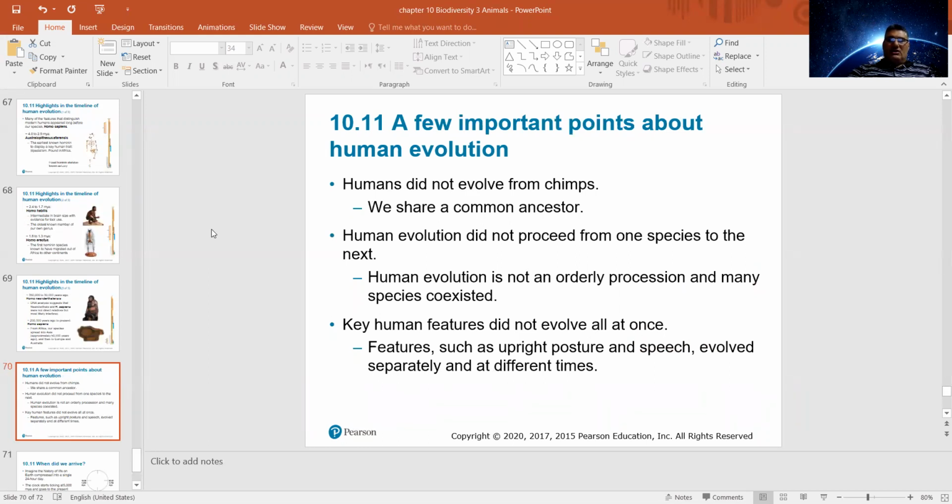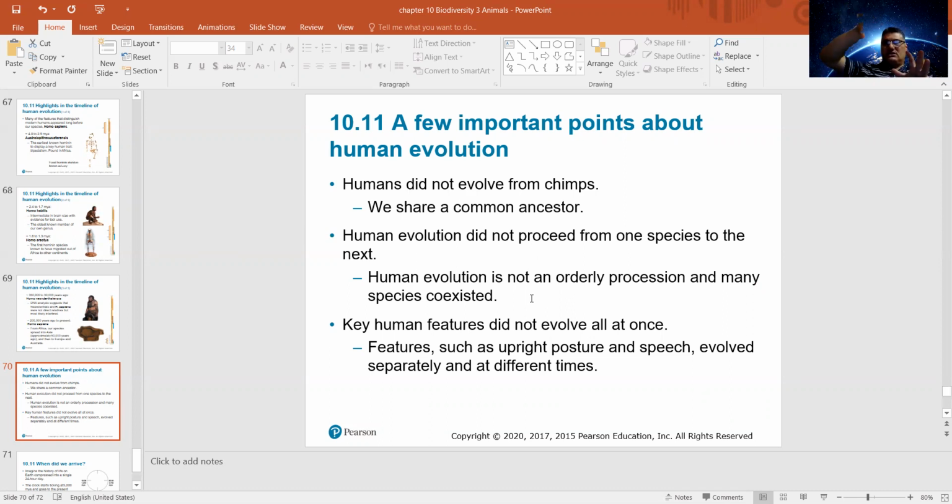A couple more things to know: humans did not evolve from chimps. They came from the same ancestor from which chimps come. We didn't come from them. Human evolution did not proceed from one species to the next. It's an orderly progression of many species.